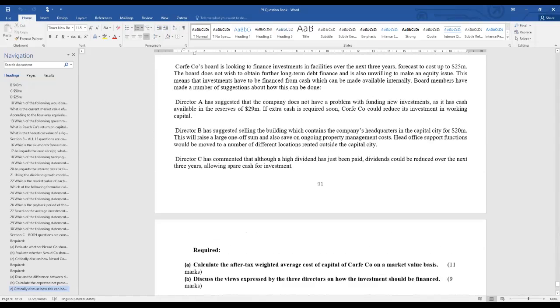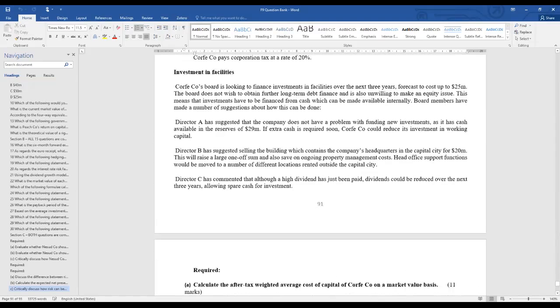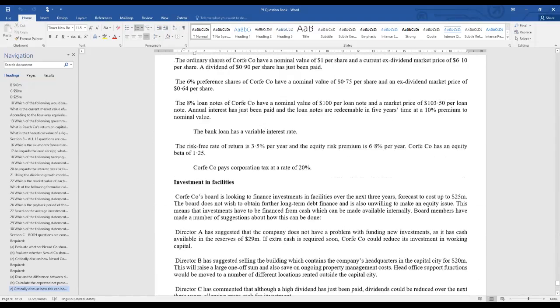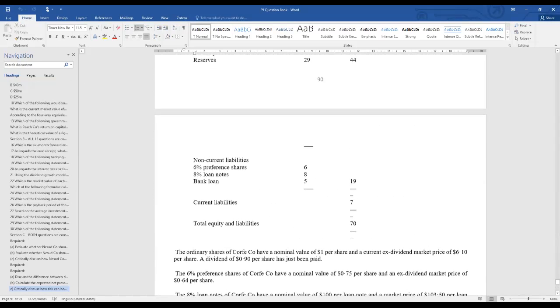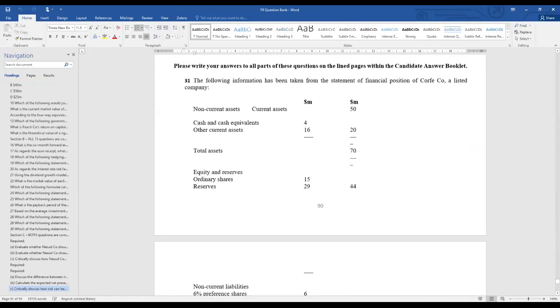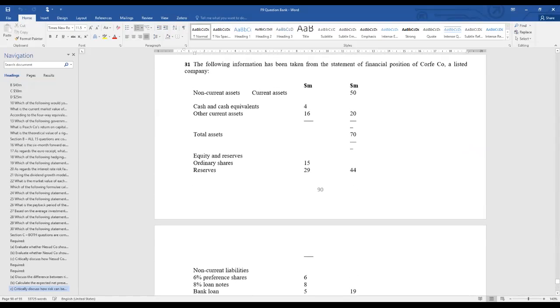Okay, there's one here. Let's see. Have we done this coffee company? This is page 90.